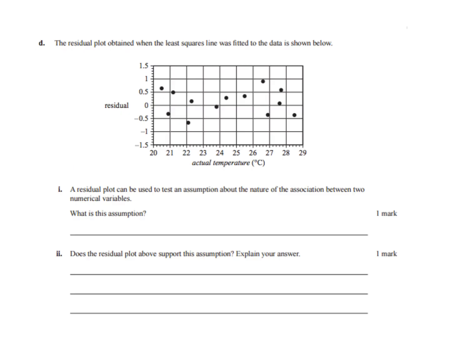Okay, and it said a residual plot can be used to test the assumption of the nature of the association between these two numerical variables. What is the assumption? So we assumed it was linear. Okay, and does the residual plot support this assumption? Explain your answer.